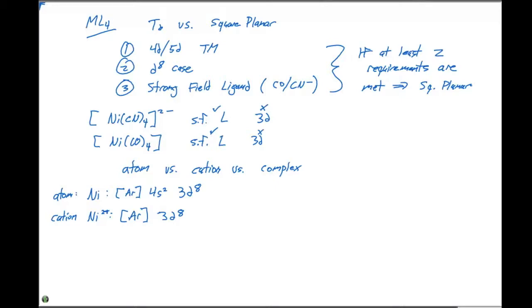If nickel is in a complex, it's surrounded by, in this case, 4 ligands. So if I'm just a nickel atom, my electrons are going to fill in the lowest energy possible and fill in all those orbitals. But I have a big s orbital that's spherical, and d orbitals that are various shapes.